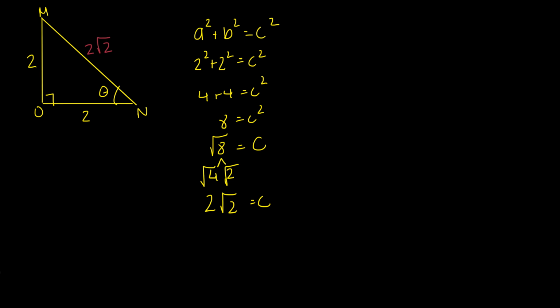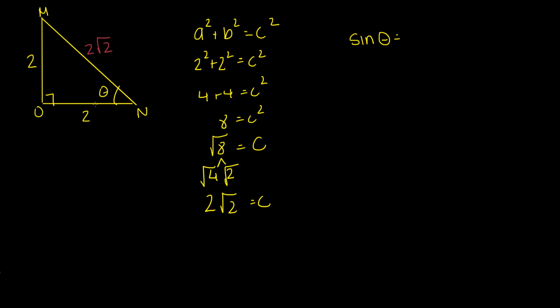So the side lengths: M to O is 2, M to N is 2 square root of 2, and O to N is 2. Looking at this, let's find our ratios. I'm going to start with sine of theta.